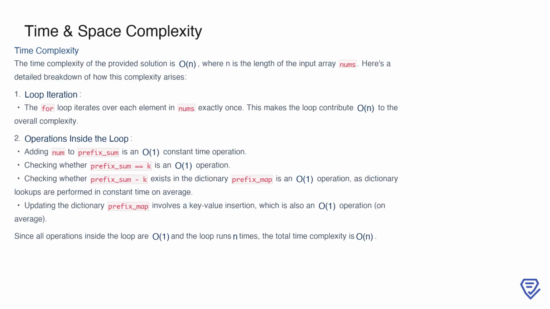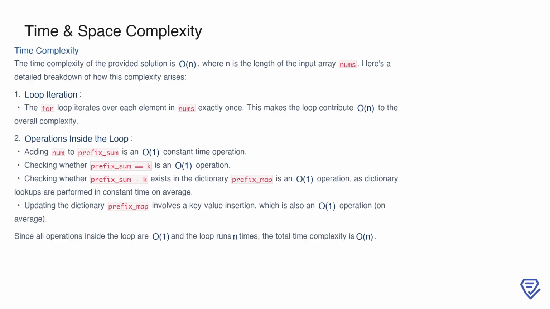The time complexity of this solution is O(n), where n represents the length of the input array. This efficiency comes from the way the algorithm processes each element in the array. The main loop iterates through the array exactly once, which contributes O(n) to the time complexity. Inside the loop, every operation is constant time.